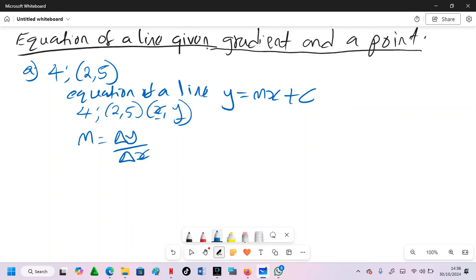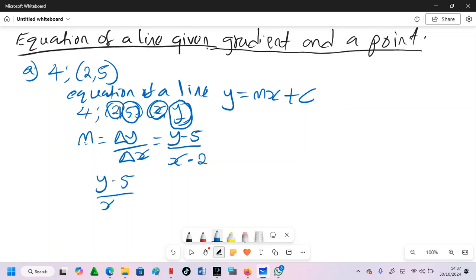So you're going to simply say the change in y is this y minus that, which is y minus 5, over the change in x, which is x minus 2. But our gradient is 4, so y minus 5 over x minus 2 is supposed to give us the gradient, which is 4 over 1.